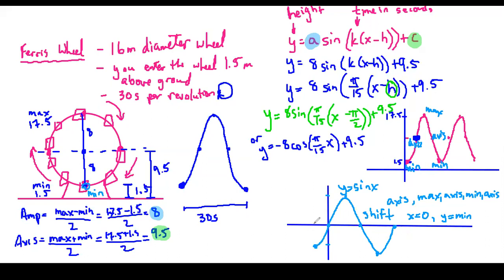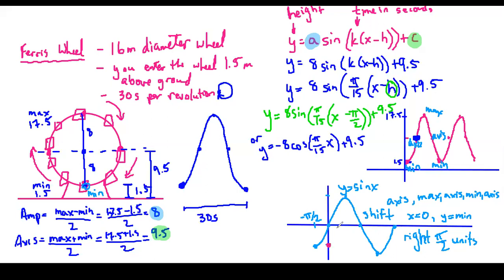It's at the min at negative pi by 2. So that means we would have to shift our entire graph right pi by 2 units.